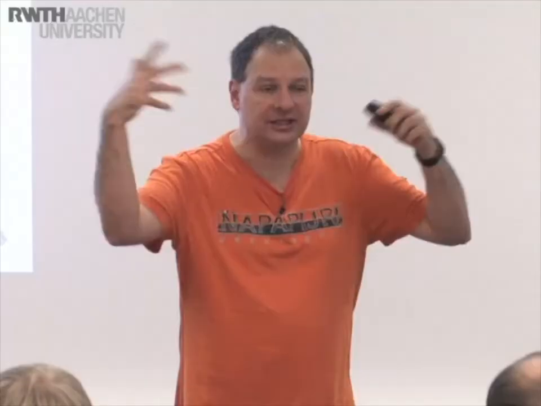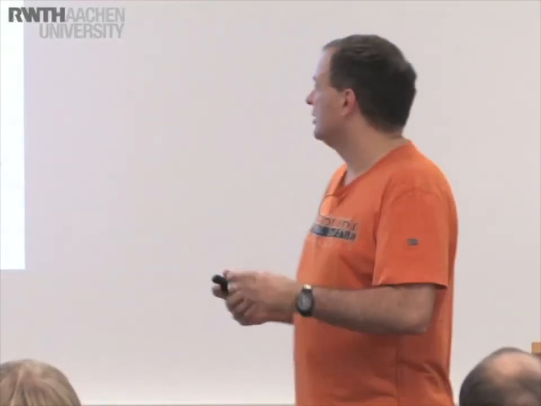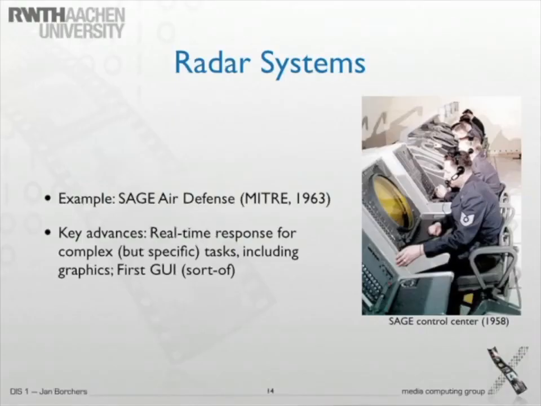So you would see planes coming in depicted on a screen similar to a large oscilloscope, showing where planes would be coming from, and you could select them and find out information about them.